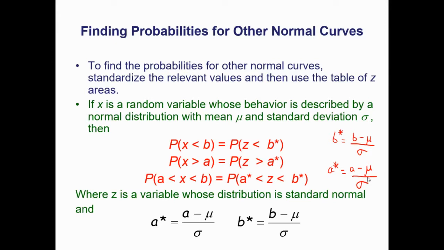Afterwards, the next step from this part right here would be to do the probability that z is less than b star minus the probability that z is less than a star. That would have been your next step.